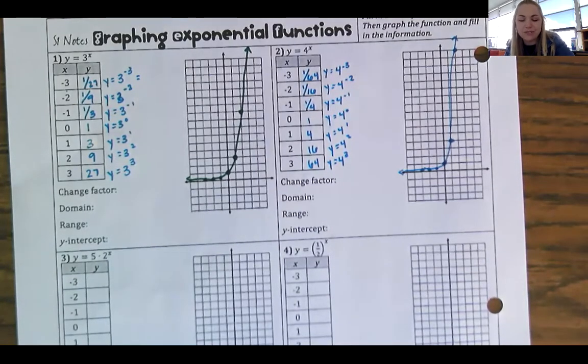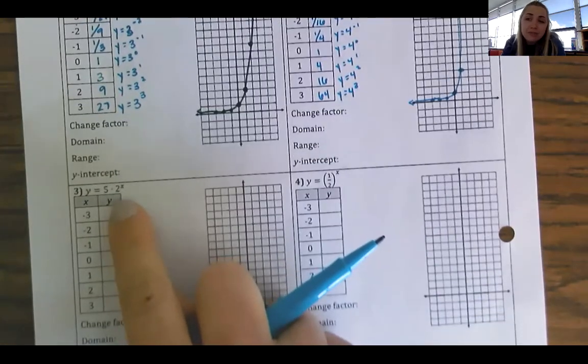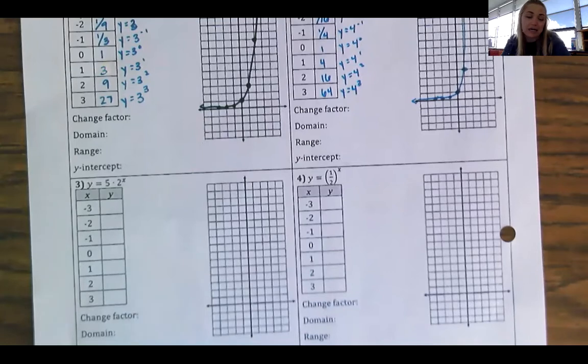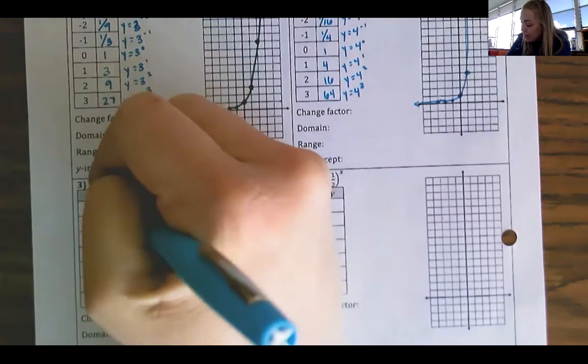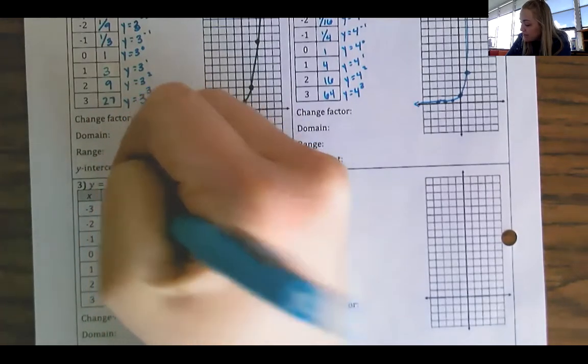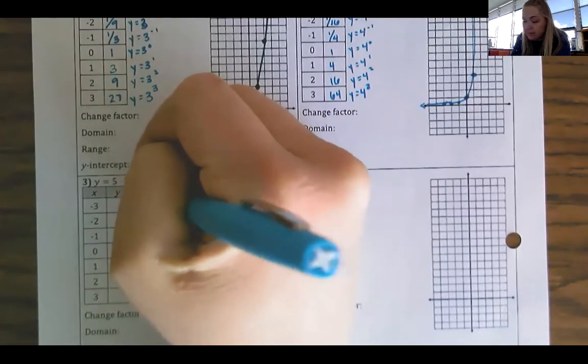Okay, do you see how the next one gets a little bit weird? The next one, there's a 5 times 2 to the power of x. Okay, so what's happening on that one? Well, we can fill it in just like we filled in all the other ones. This is y equals 5 times 2 to the power of negative 3.